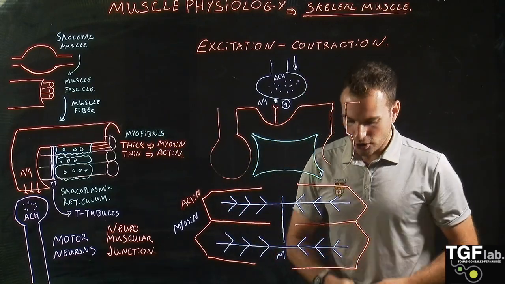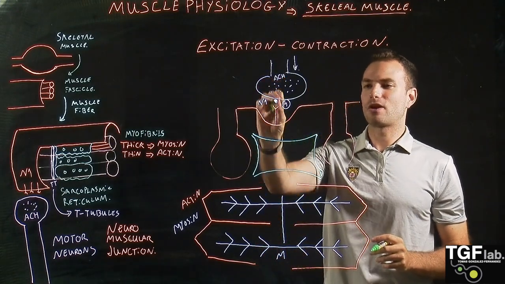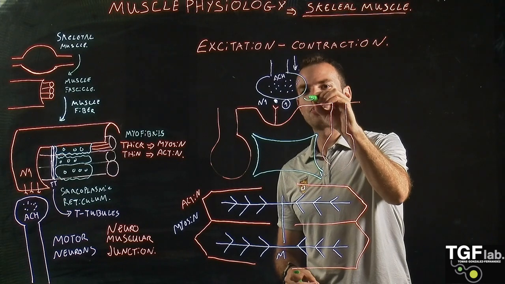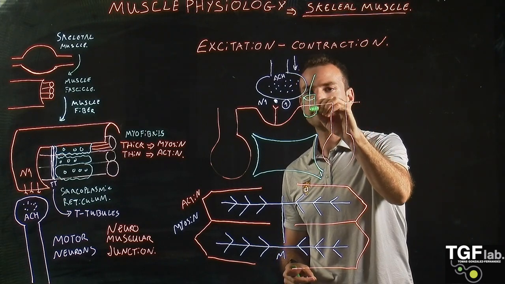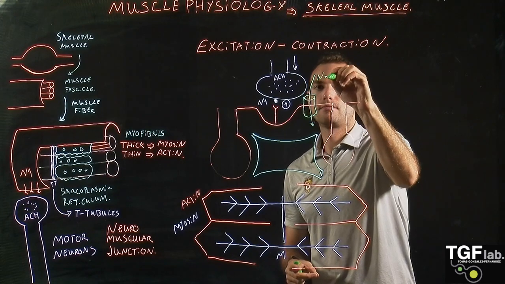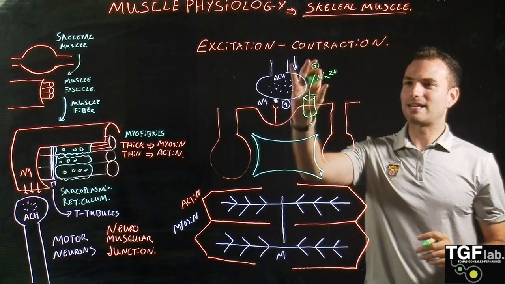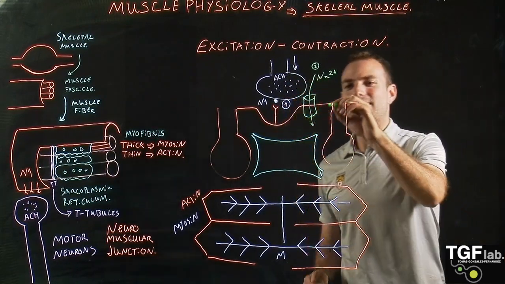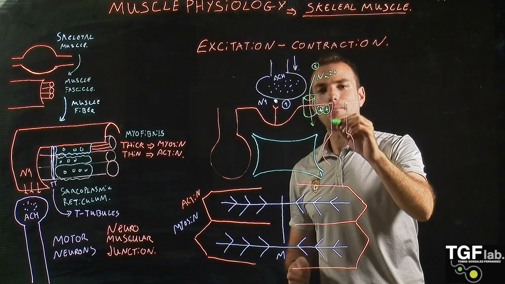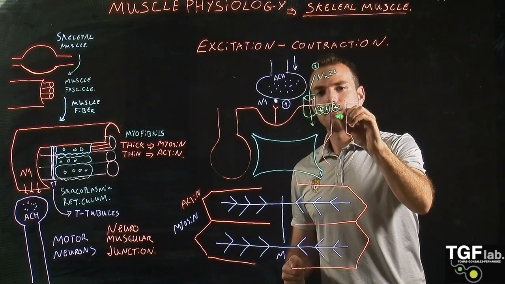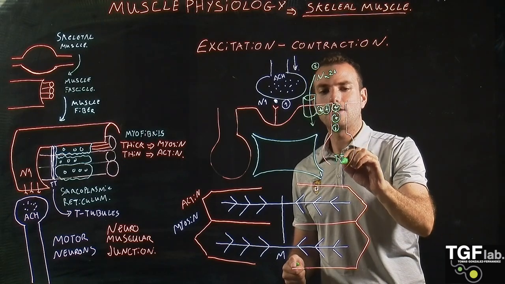Okay, so this binding of the neurotransmitter to its receptor is going to activate here the sodium channel. So this is step number 2. So we have the activation of the sodium channel, and that's going to depolarize the membrane. So this depolarization is going to go into the T tubule.